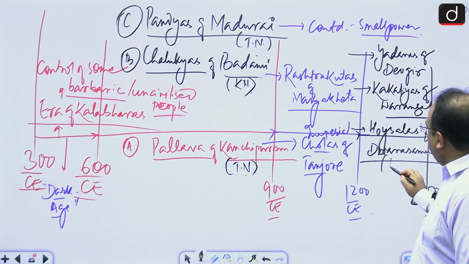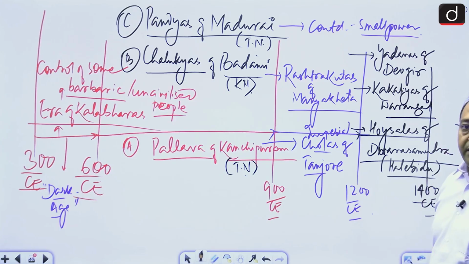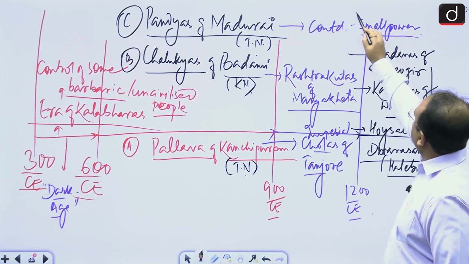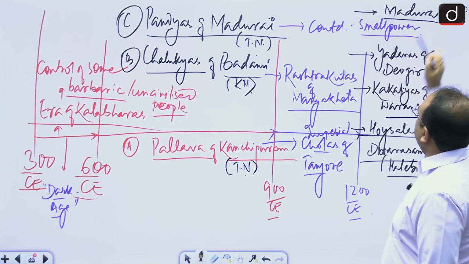Dwarasamudra means today's Halebidu in Karnataka. Then the Pandyas became the major power in Madurai in this period.